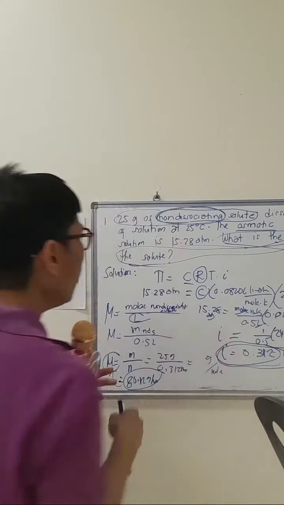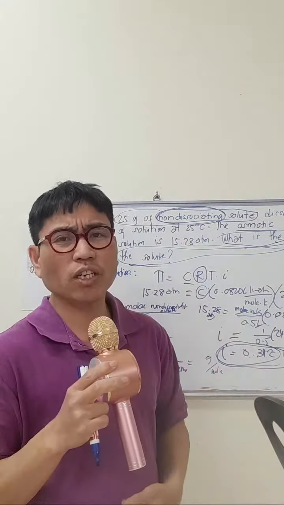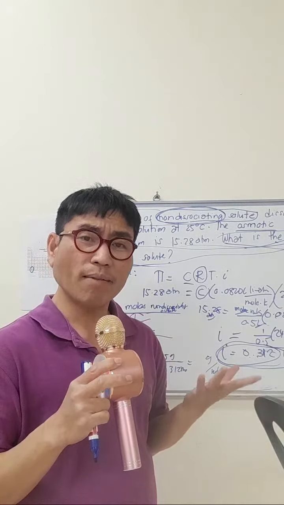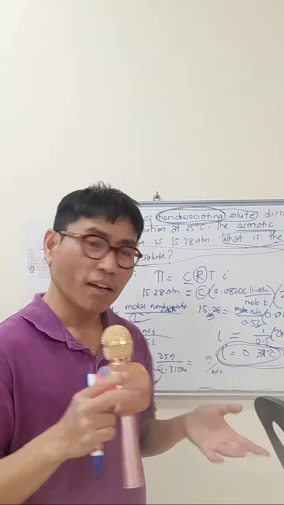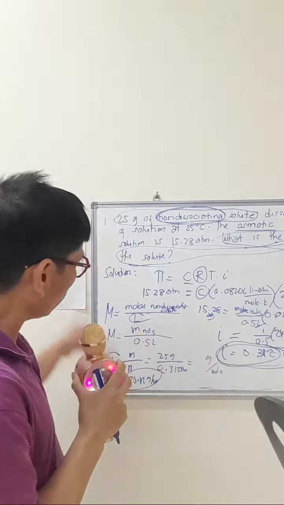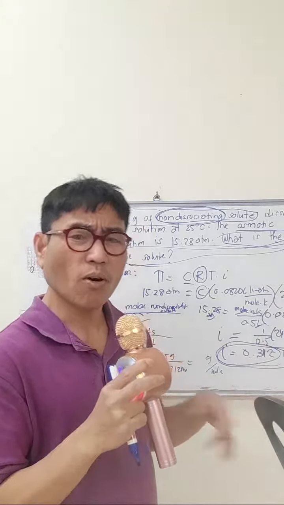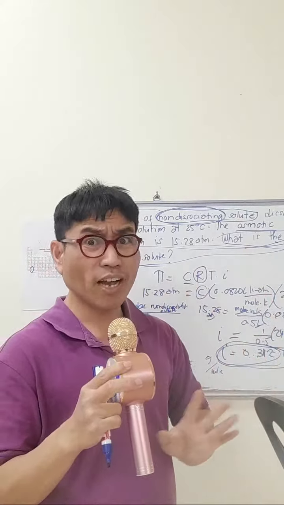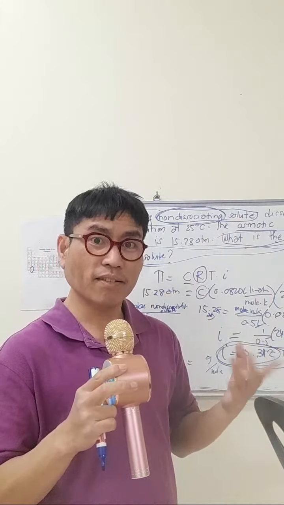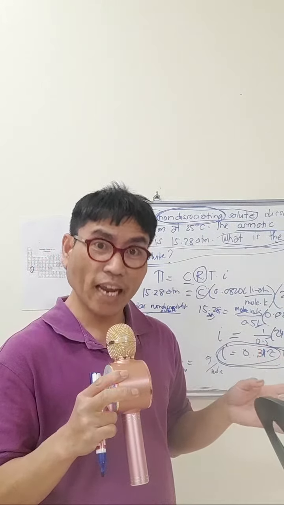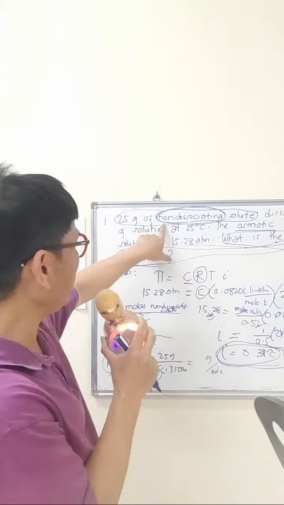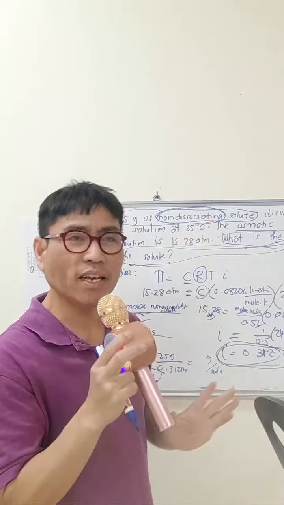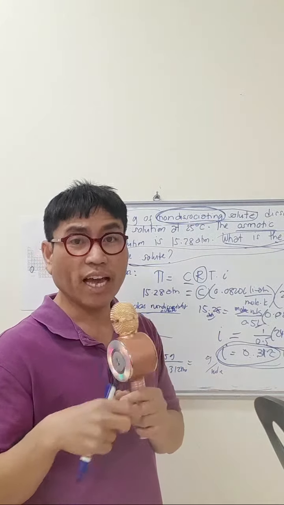Now, if a follow-up question in a future examination asks what the compound is, you will name it, since you have the molar mass. Go to the periodic table or a table of compounds and match it there. Is it an organic compound? Then name it, and bingo, you can get the correct name. Because it's not defined here, it's not mentioned what this non-dissociating solute is. Meaning it is an unknown sample.